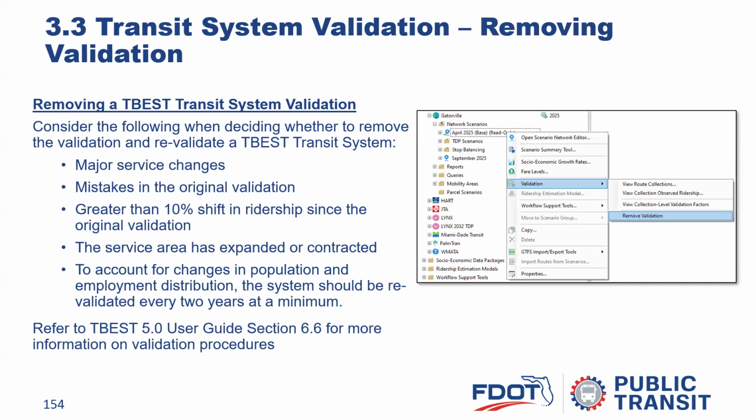It can be anything, but you have the ability to remove the validation on a transit system and then revalidate it based on changes that you've made to the base year or to the socioeconomic data. So just keep that in mind that you can remove the validation. The TBEST user guide, section 6.6, has more information on removing overall validation procedures.